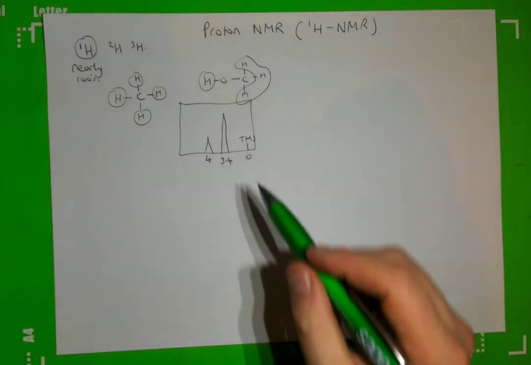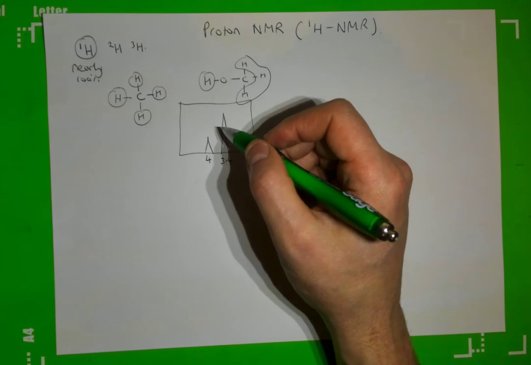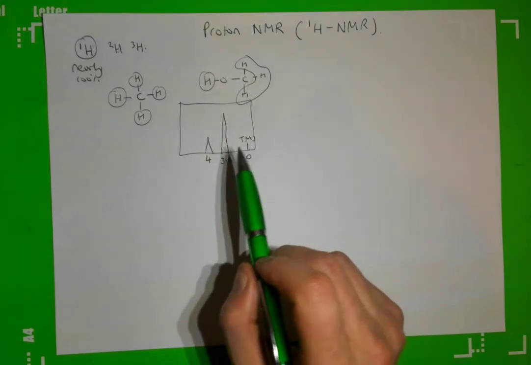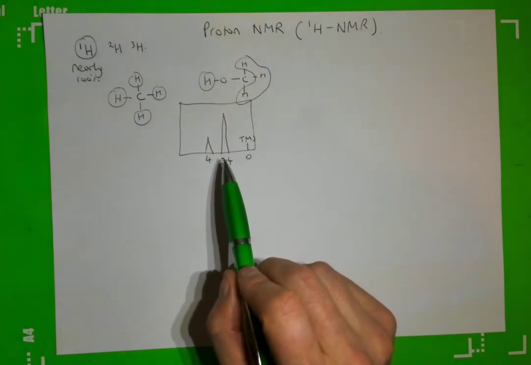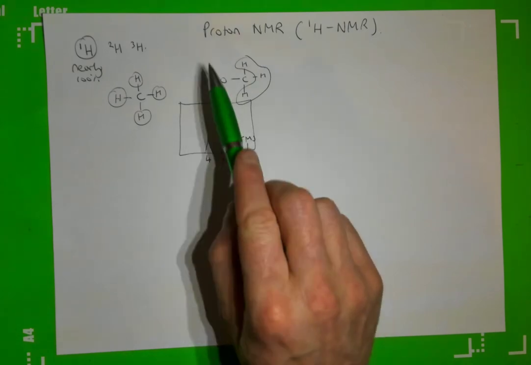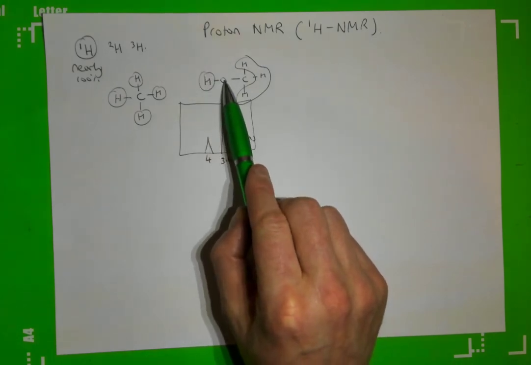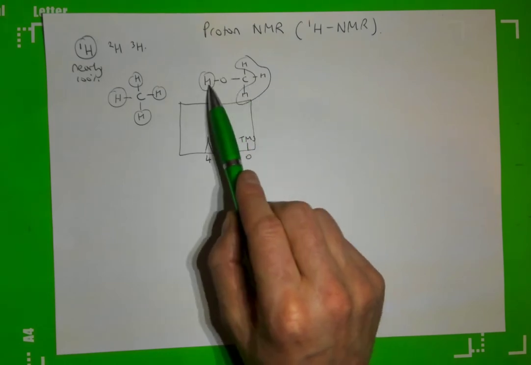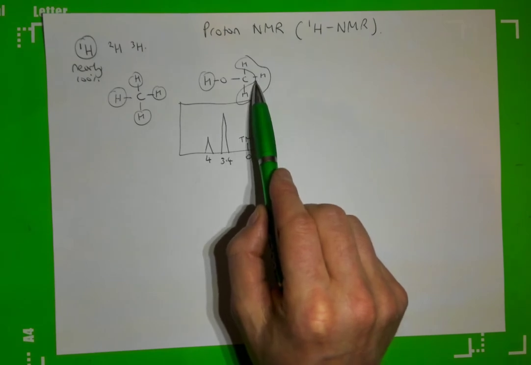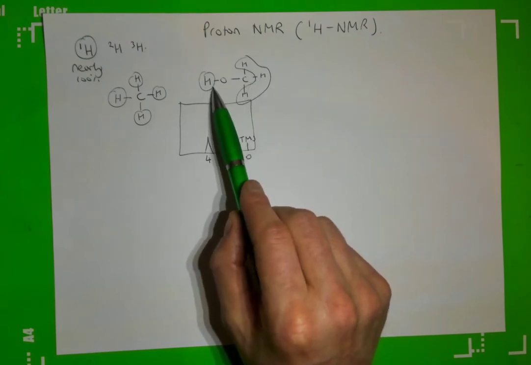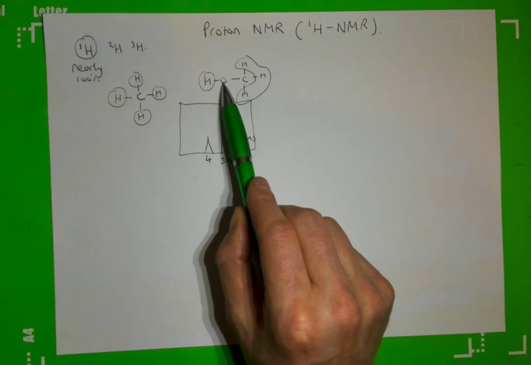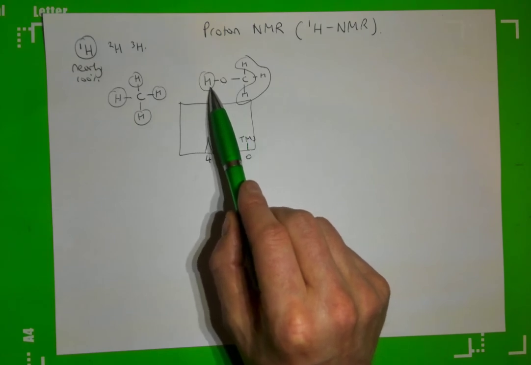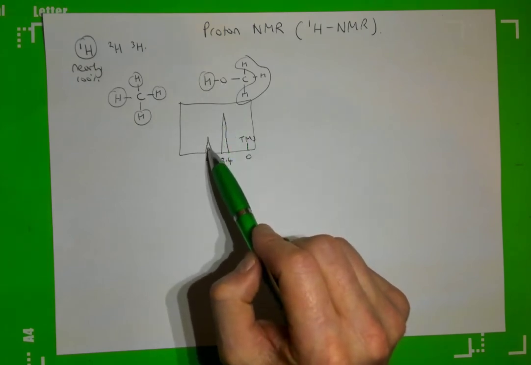Now, in general, the further away the hydrogen atom is from an electronegative atom, such as an oxygen, the smaller the chemical shift. Okay, so in this molecule here, we have 2 different hydrogen environments. So this particular peak here is quite close to the oxygen. So that hydrogen there corresponds to this peak.